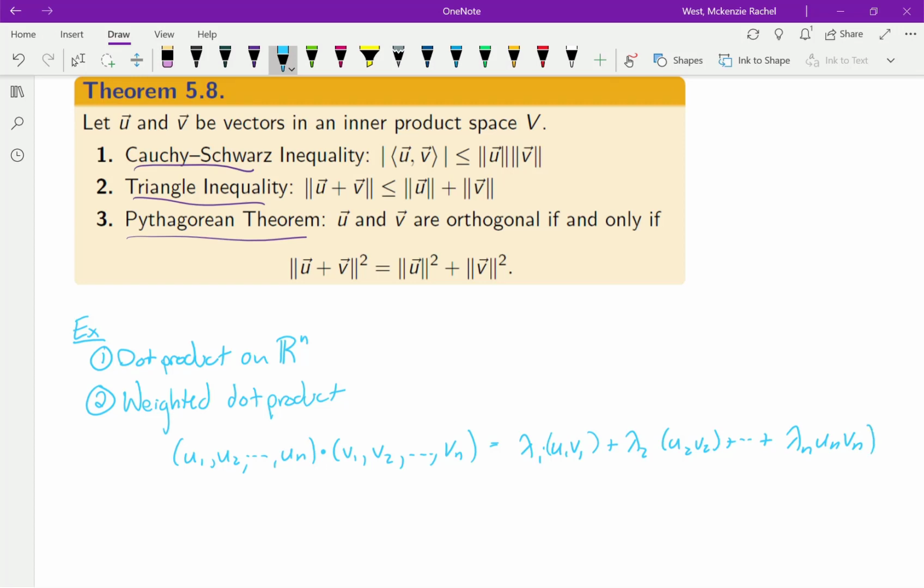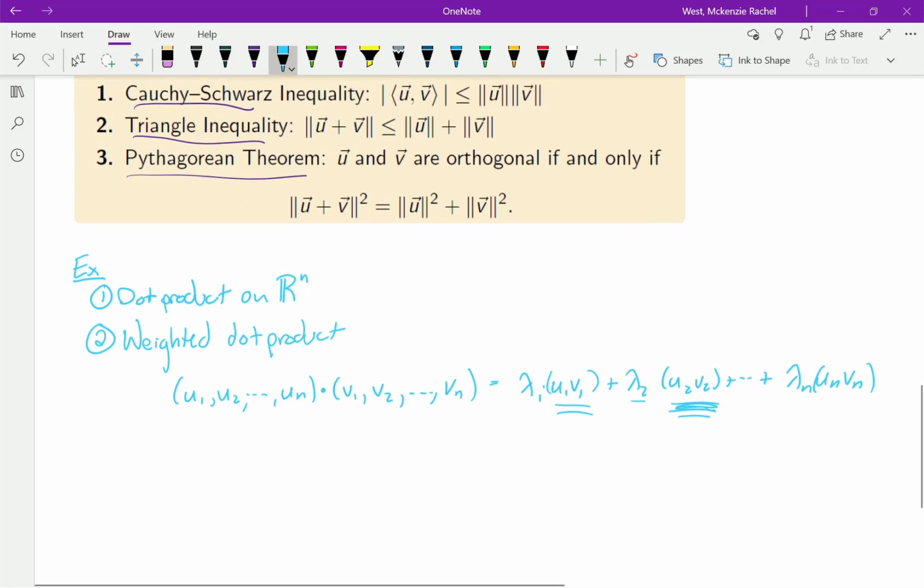So you can imagine this being useful in a case like, suppose you're trying to do some statistical analysis and you know that the second entry should have much more weight than the first entry. So you want to make lambda 2 bigger than lambda 1.